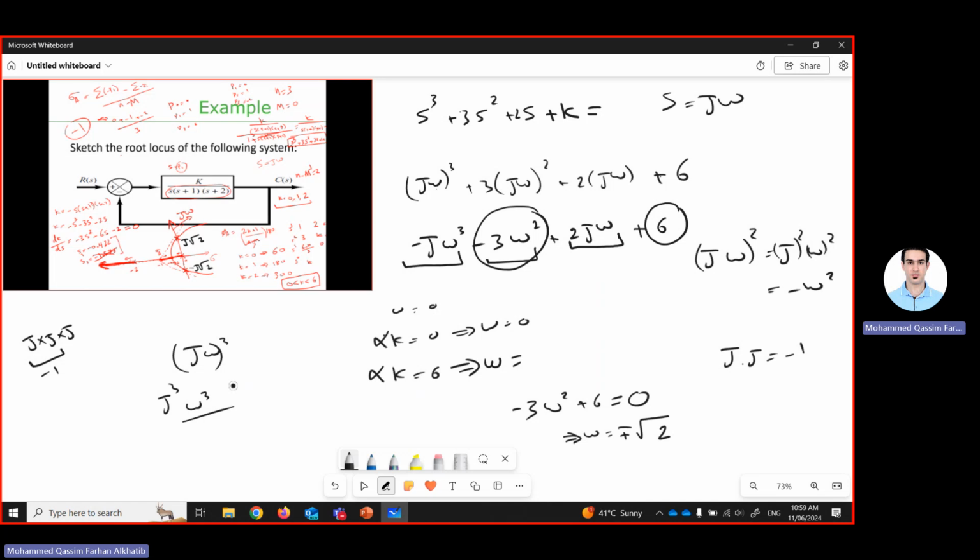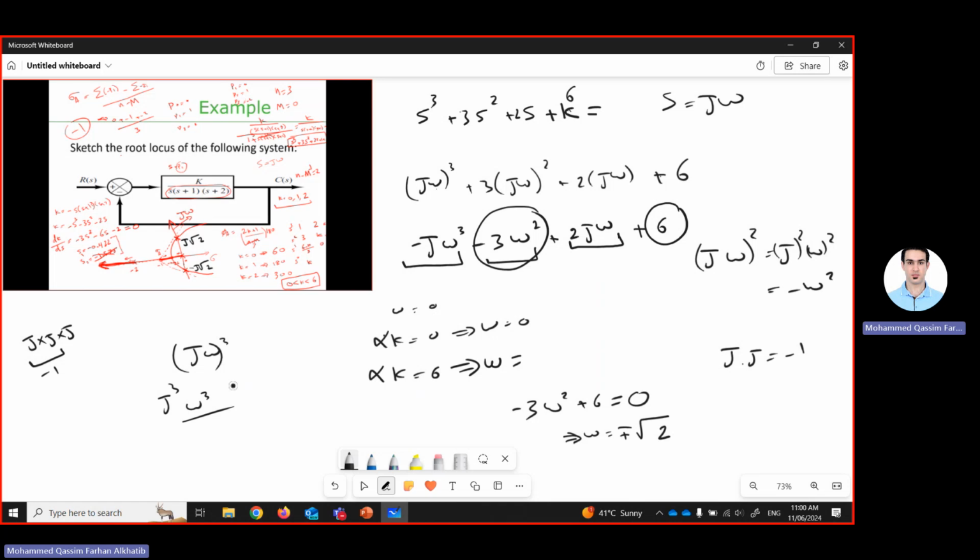Now basically you have this for this whole formula, and k was 6. Just find the roots of s cube plus 3 s squared plus 2 s plus 6. You must have 3 roots, since it's a cubic function.